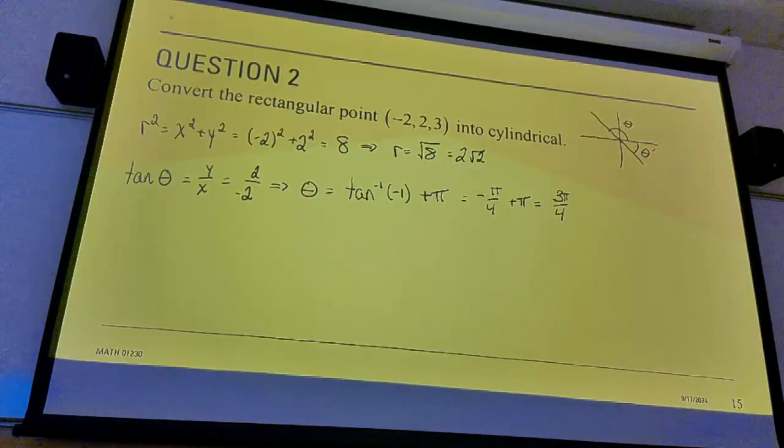Which means they add to equal pi. Now we have to remember that theta prime is negative, so technically it'd be the absolute value of theta prime.